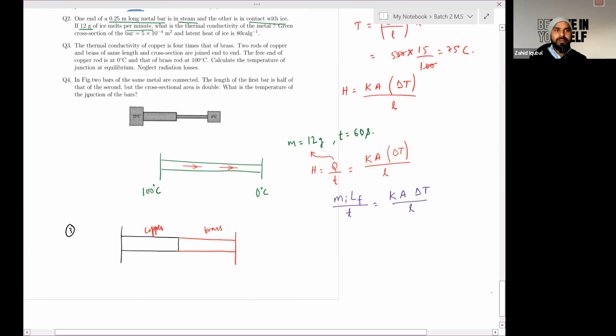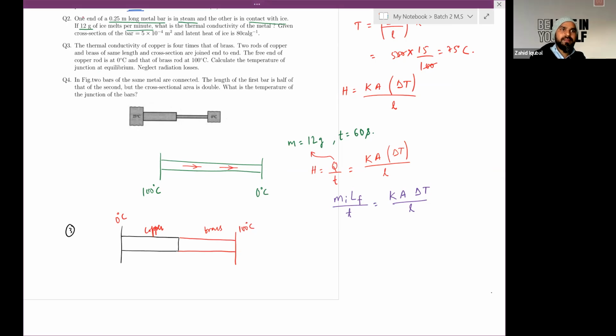The free end of copper is at 0 degrees Celsius and brass is at 100 degrees Celsius. Calculate the temperature of junction.